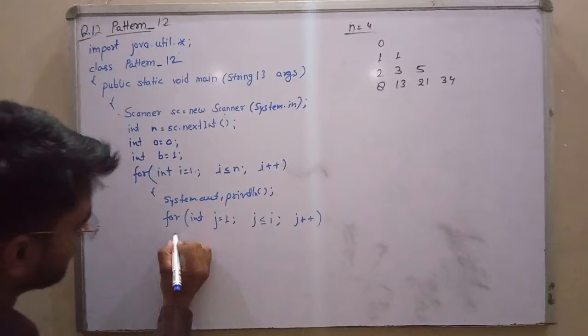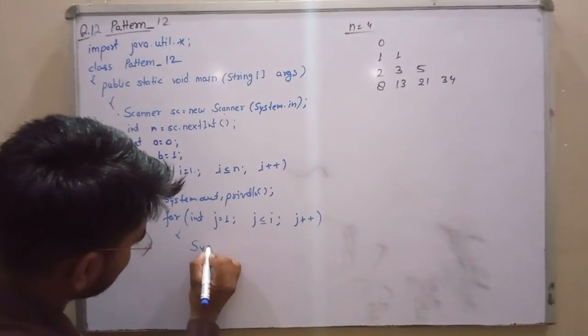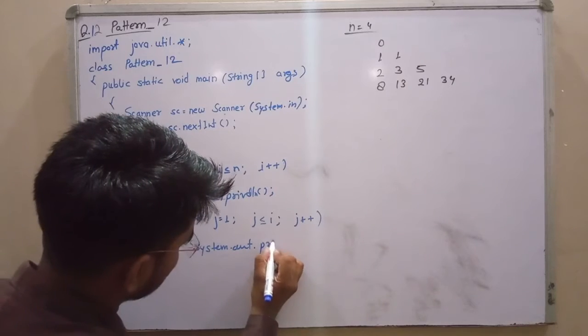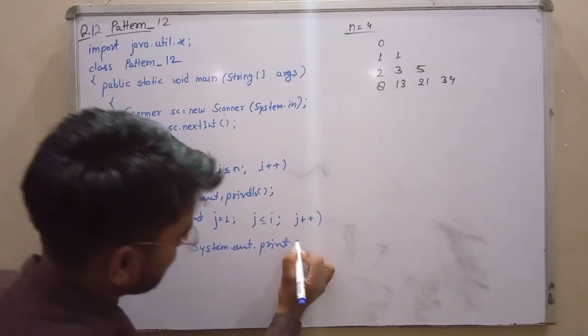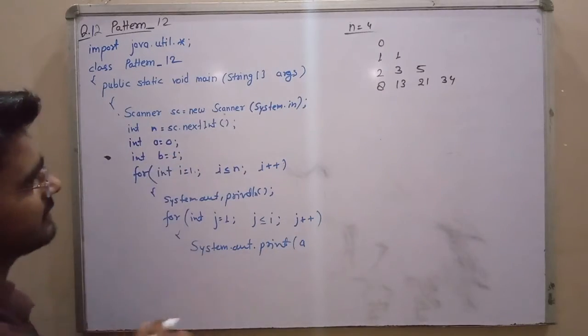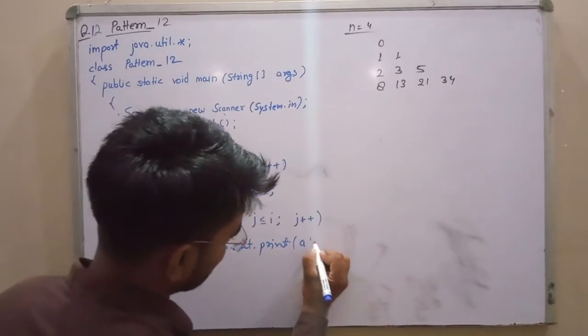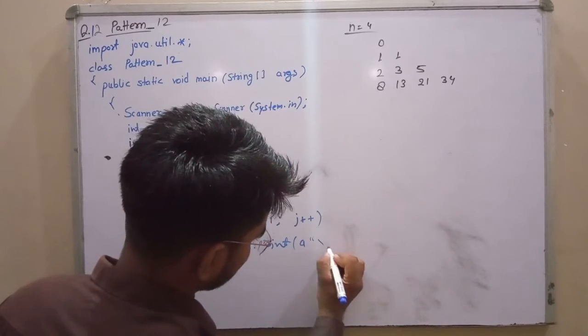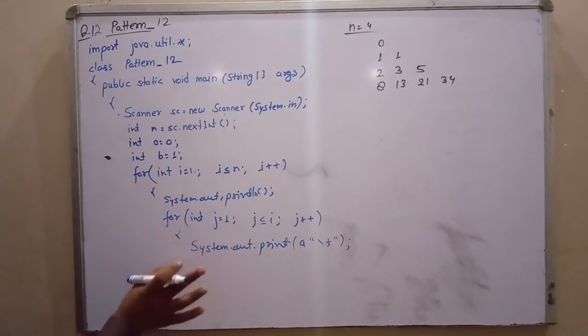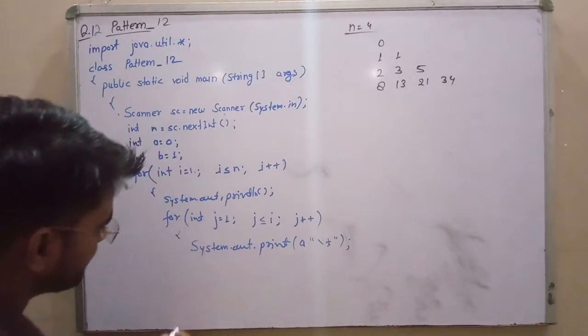Finally here System.out.print the value of a. Okay, a is 0, first print 0 and 1 space.